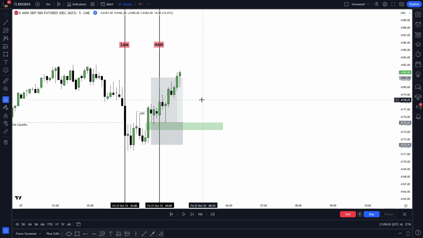This gives you a very strict time schedule of when you need to be actively looking at the charts, which is great for people who are working a job, having kids, you know, whatever it might be. So I would highly recommend this strategy to anyone, but the rules have to be followed, just like on any other strategy.